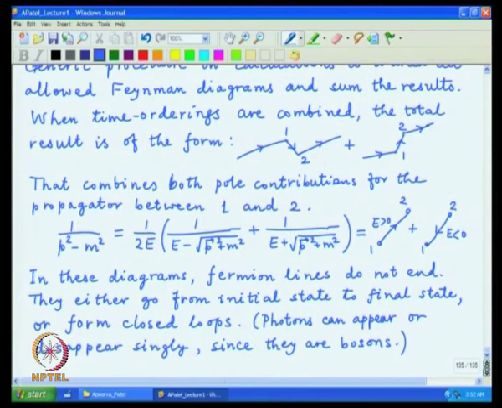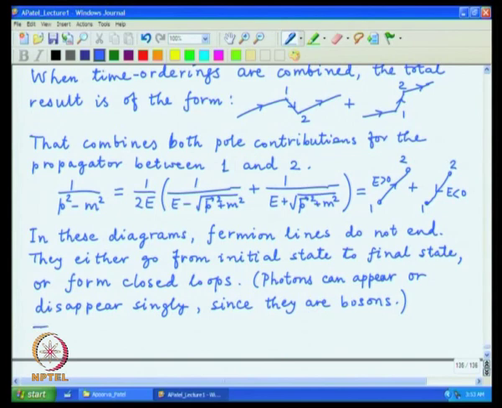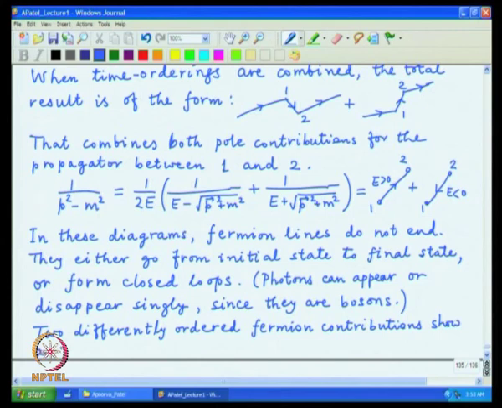Another useful thing to keep in mind is that two differently ordered fermion contributions show a sign difference, which is in some sense connected to the Pauli exclusion principle.